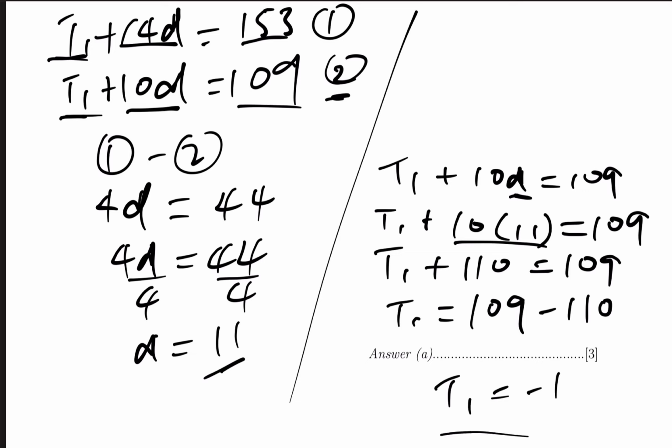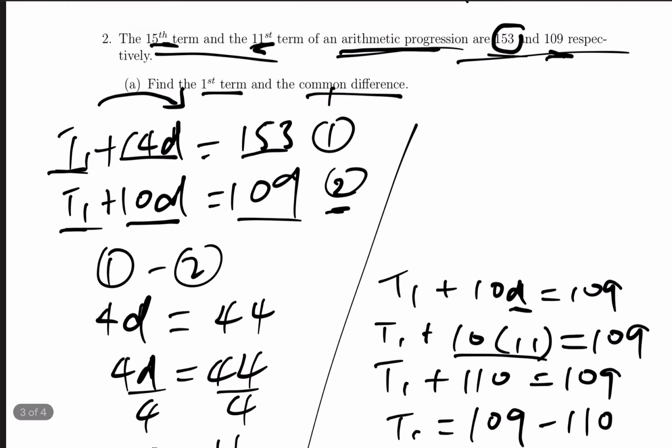Okay, so now we've solved our question. The question was saying find the first term and the common difference. Recall that the first term we denote by T1, so our first term is T1 and the common difference is d.